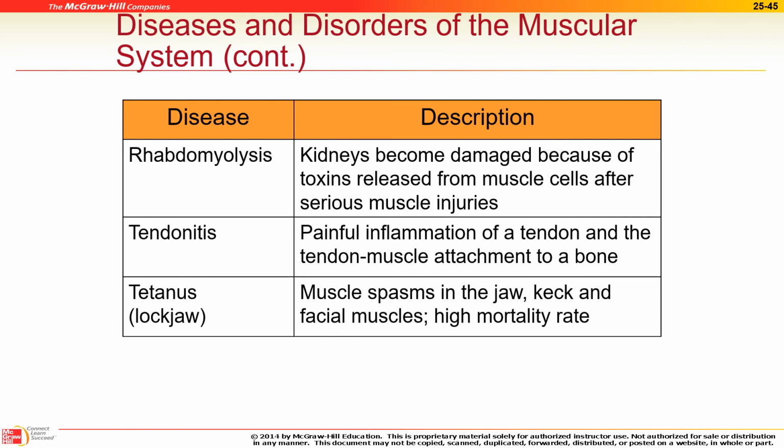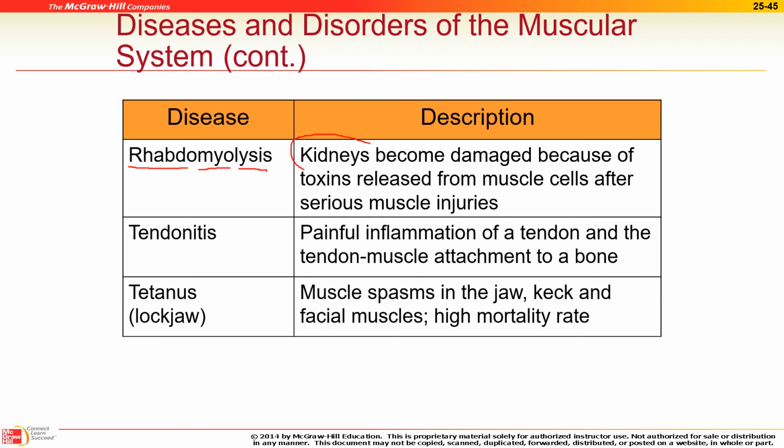Rhabdomyolysis. So this can be deadly. So when your striated muscles break apart, so rhabdo is striated, myo is muscle, lysis is when they destroy, all the contents inside the muscle leaks out, and it poisons your blood.